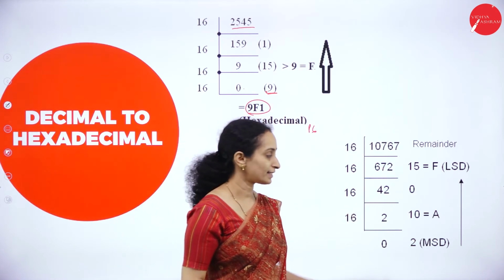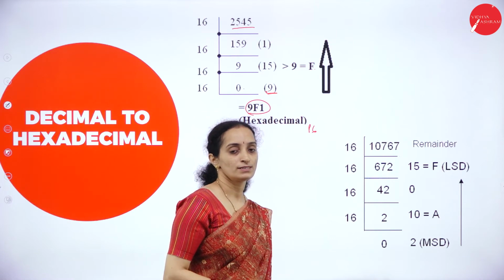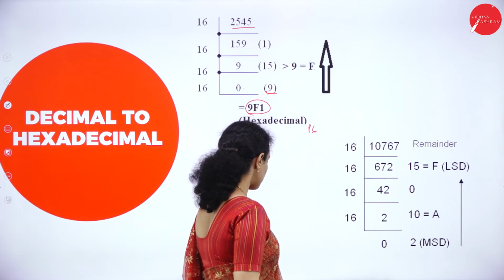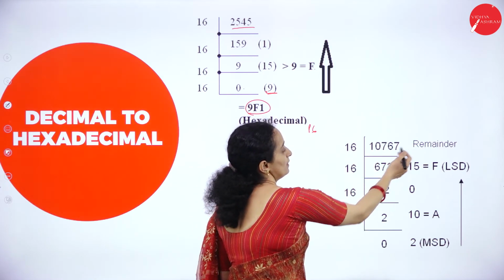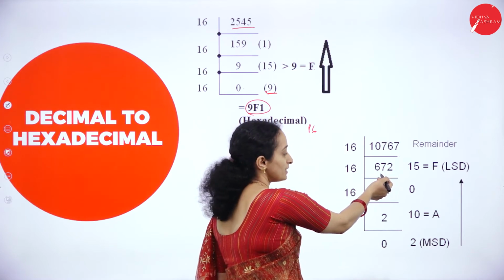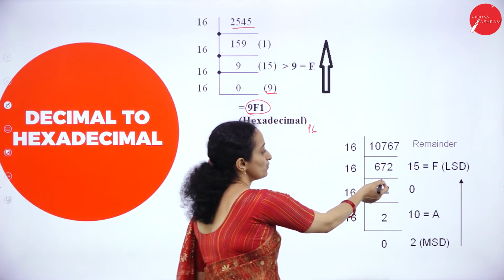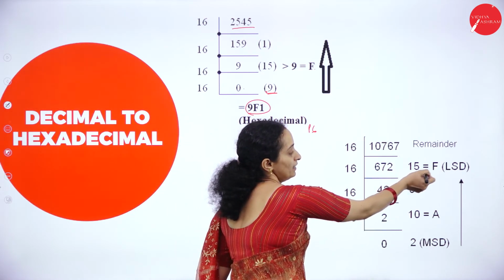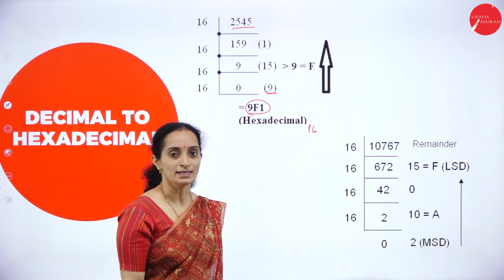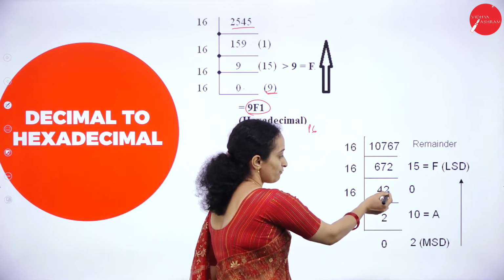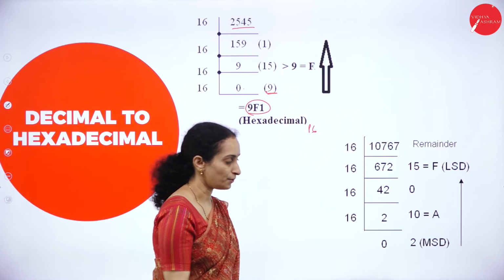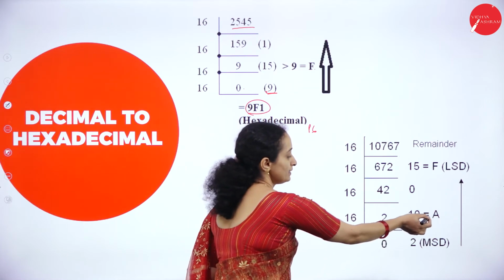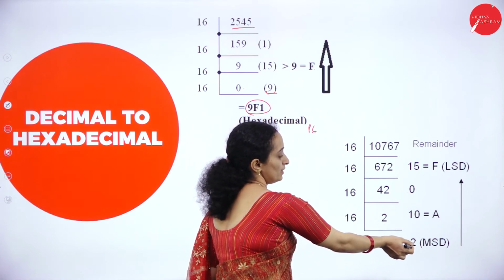Okay, we have another example where 10767 is the number. The remainder of the first division is 15 with quotient 672, where 15 will be represented by the alphabet F. Then 42, remainder is 0. Then 2, remainder is 10. 10 can be represented as A, then 0, 2.